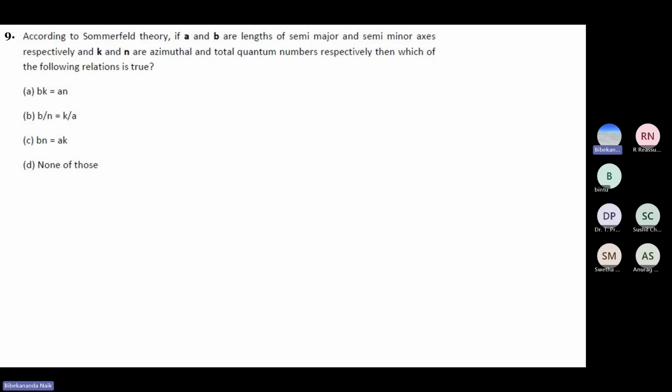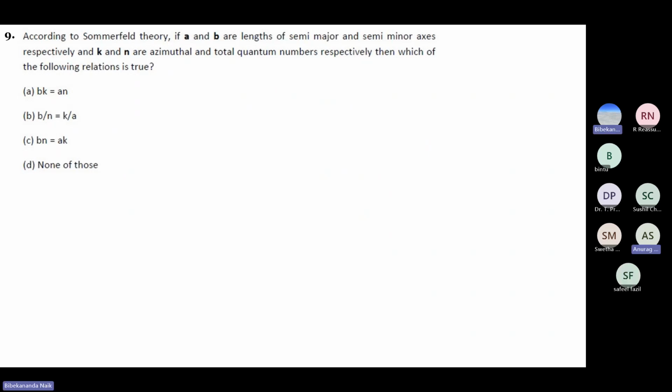So yes, can anyone tell me what will be the relationship between the semi-major and semi-minor axis? According to Sommerfeld's theory, the semi-major axis is given by A equals n squared by Z times A0, and B equals n k by Z times A0.